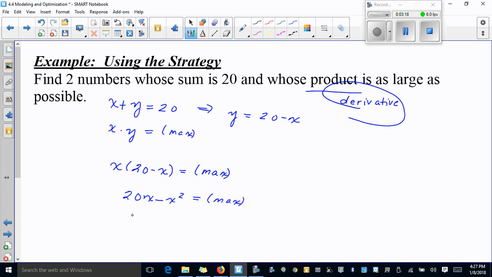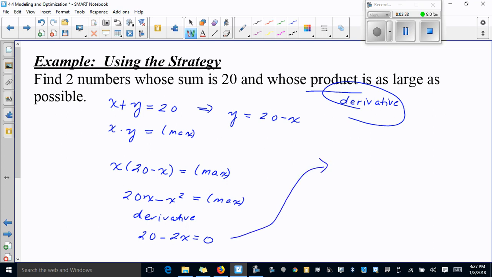So what we do is take the derivative. We get 20 minus 2x. And to get the maximum value, we need that to be equal to 0. So we have 20 minus 2x equals 0.